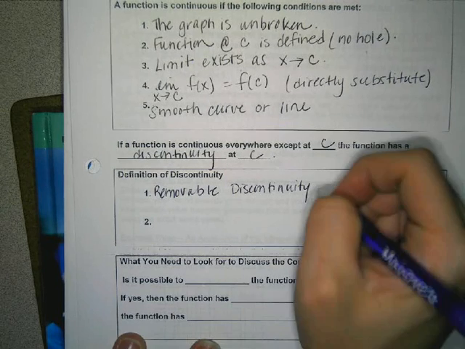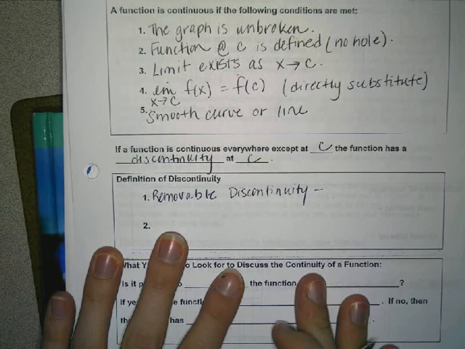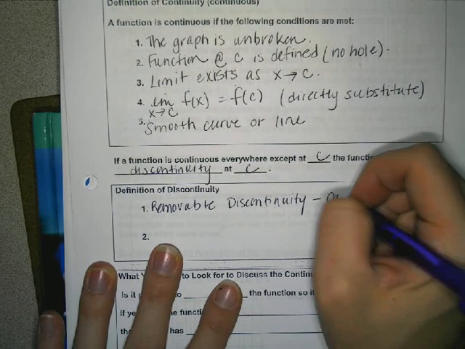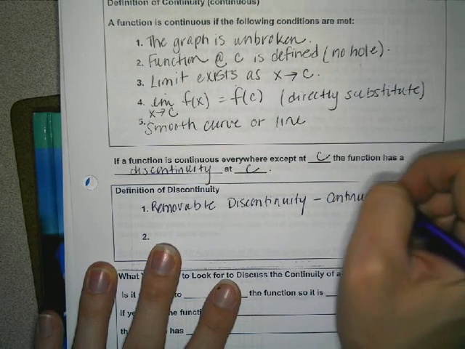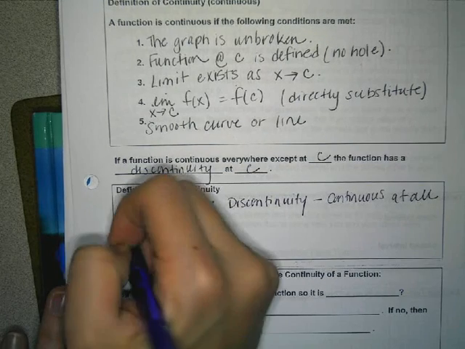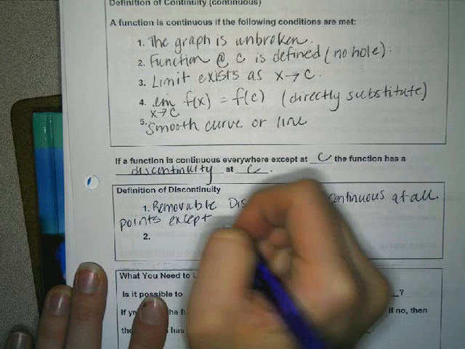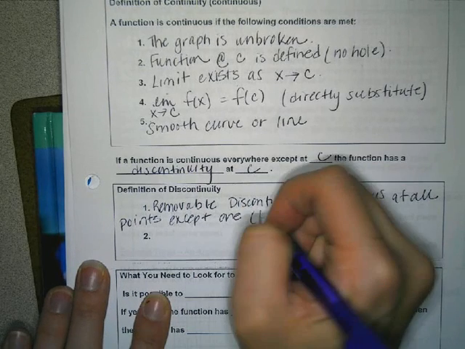But let's talk about what removable means. If you have removable discontinuity, that means the graph is continuous at all points except one, meaning there's a hole in the graph.